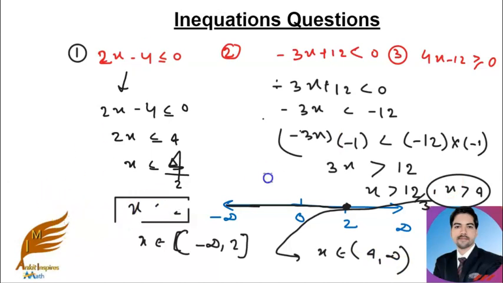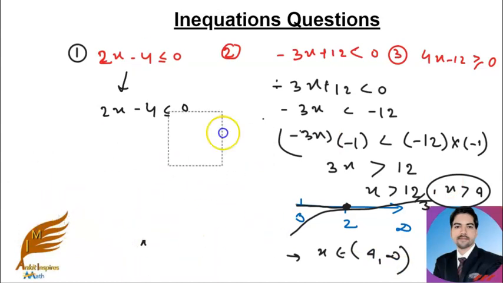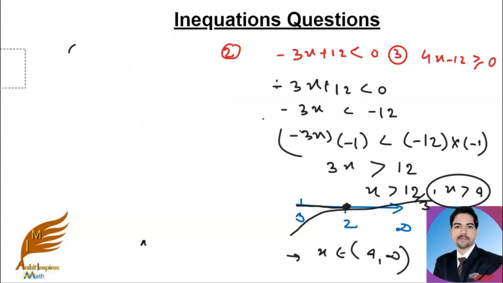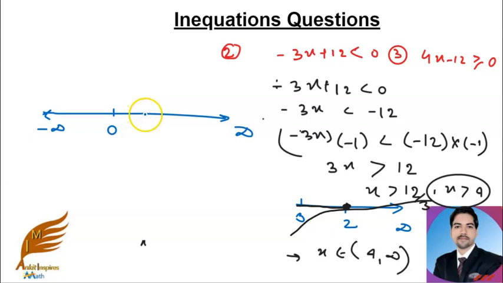Moving to the next question. If you want to plot this x greater than 4, you can plot in this way. This is our number line, minus infinity to infinity, and this is 0, this is 4, and I want to plot this solution set on this real line.